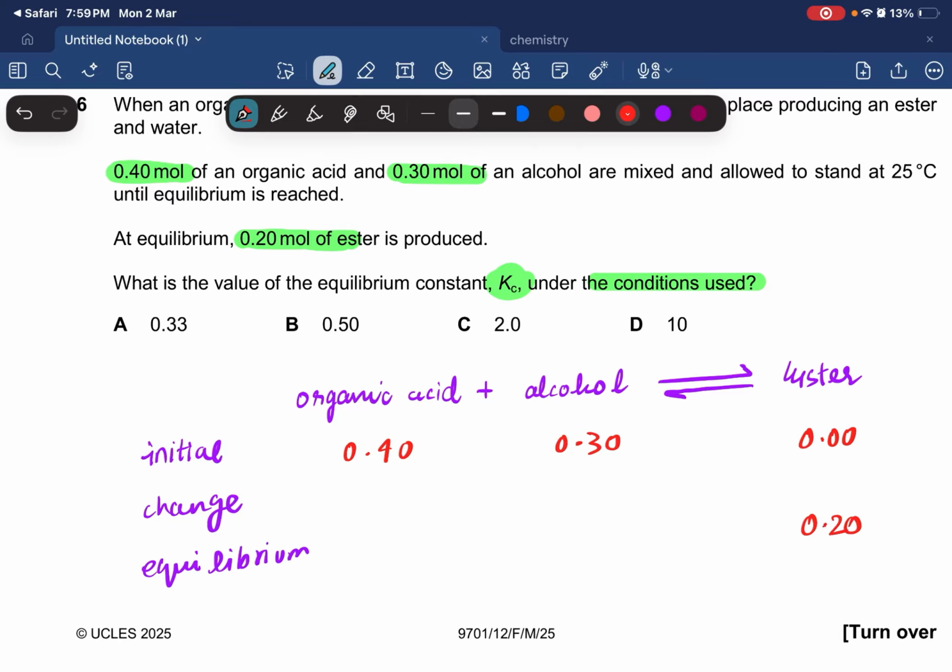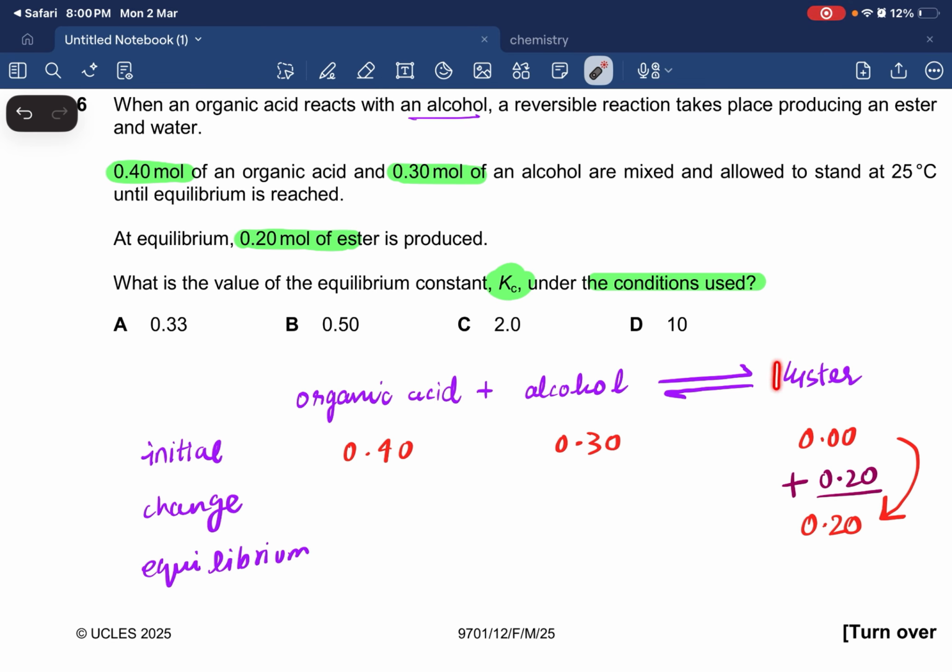0.20. So if 0.20 mole of ester are being produced, the change over here is going to be positive 0.20 because these many moles of ester are produced, and the ratio between the ester, the alcohol and the organic acid is 1:1:1, right? 1 mole of organic acid, 1 mole of alcohol, 1 mole of ester.